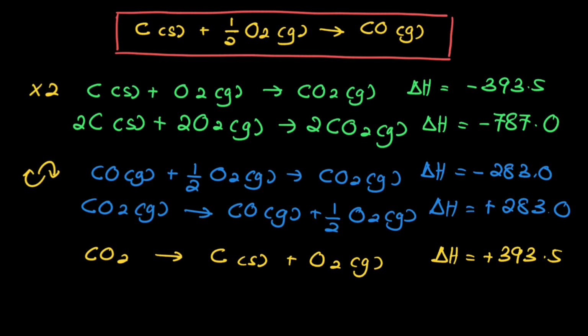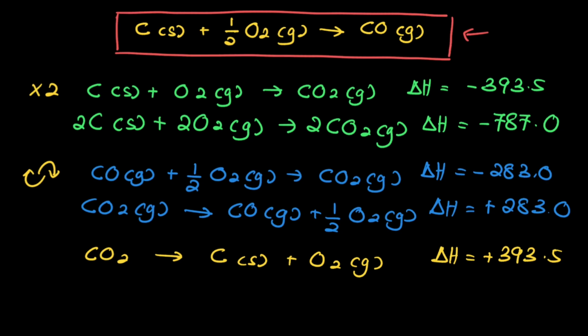So make sure for Hess's law, if you're given 5 equations, you need to use all 5. And for this question, we have been given 3 equations, so we need to use all 3. So our target equation is this one. You need to make sure that all these 3 equations you can cancel out until at the end you will get your target equation.